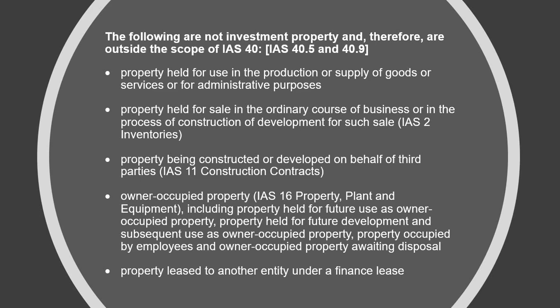So currently, you should not classify those property as investment property, but as owner-occupied property under the scope, again, of IAS or PAS 16, property, plant, and equipment, property held for subsequent use as owner-occupied property, property occupied by employees, and owner-occupied property awaiting disposal. Again, hindi siya classified as an investment property.